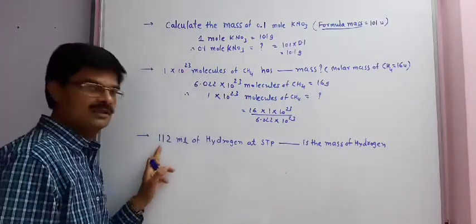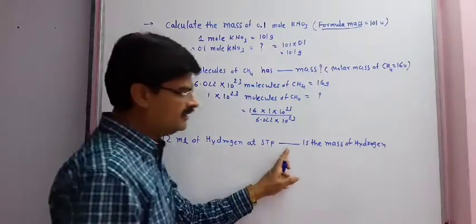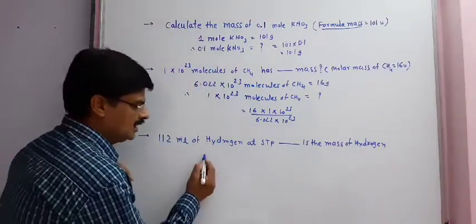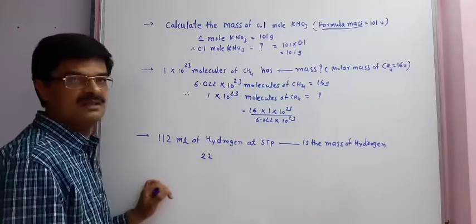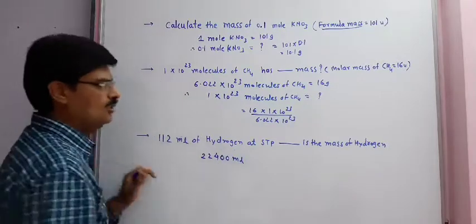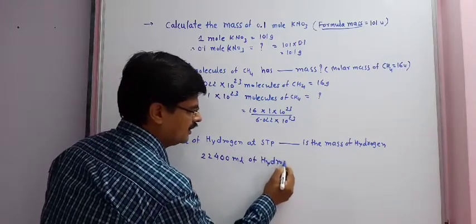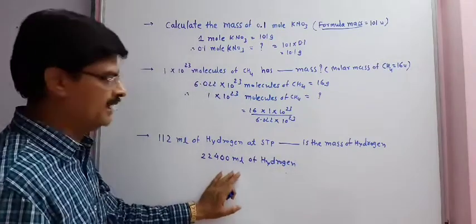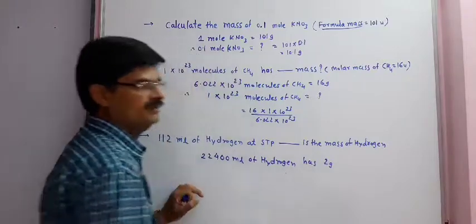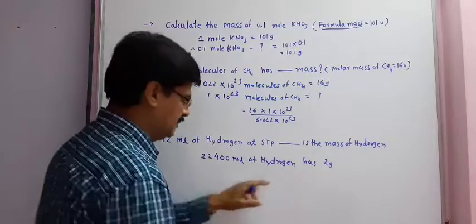Now in another question, 112 ml of hydrogen gas at STP, what is the mass of hydrogen present? This is the question asked to you. Now we have to remember STP means standard temperature and pressure. 22400 ml at STP of hydrogen has 2 gram, mass is 2 gram in 22400 ml of hydrogen at STP.